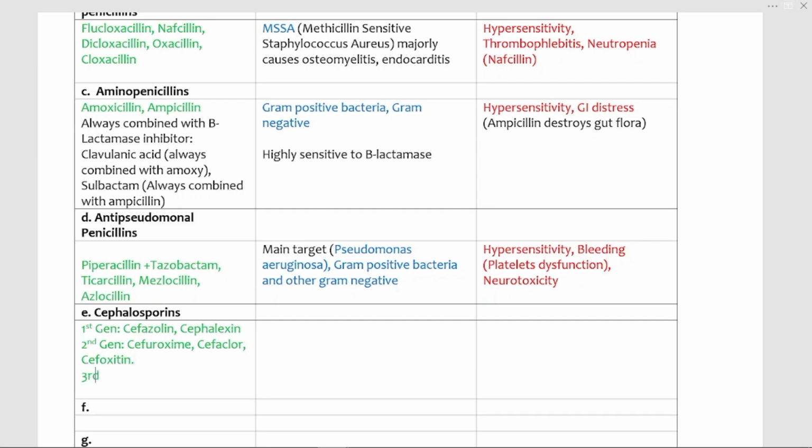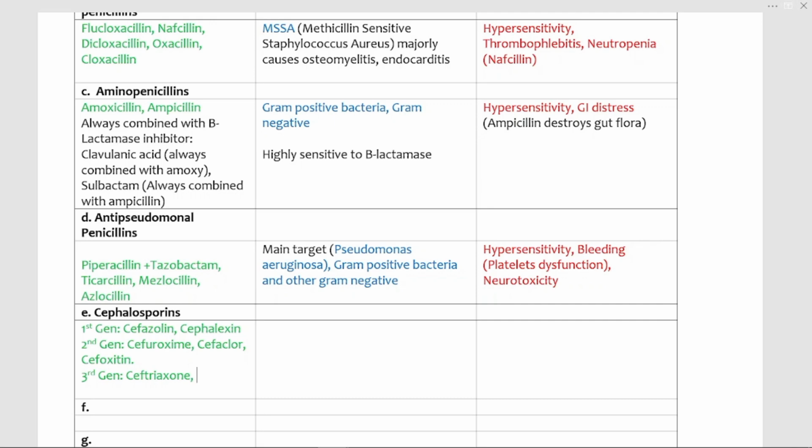When it comes to third generation, which is very, very popular, the first one is ceftriaxone, very common. One thing that you have to note, ceftriaxone has a very good CNS penetration. This being said, it's very effective when dealing with bacterial meningitis. So when treating meningitis, the most preferred drug for bacterial meningitis is ceftriaxone.